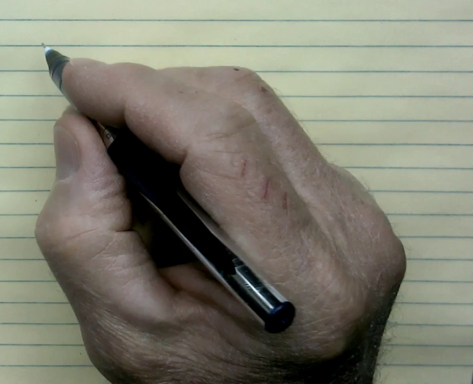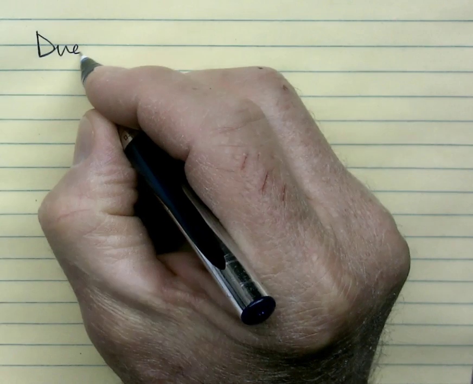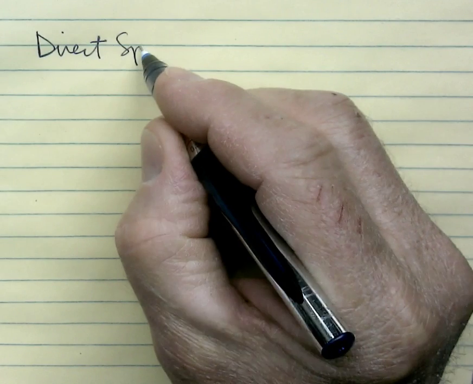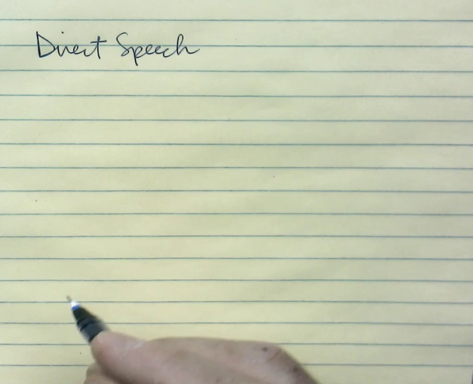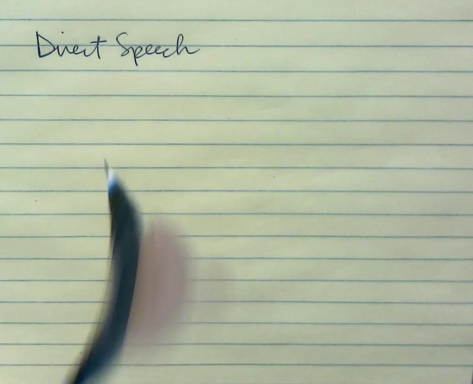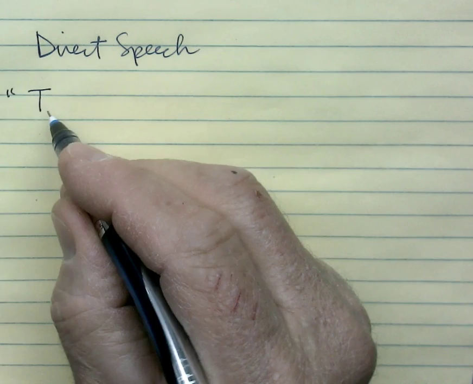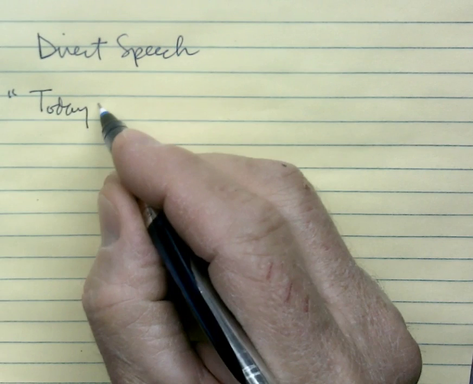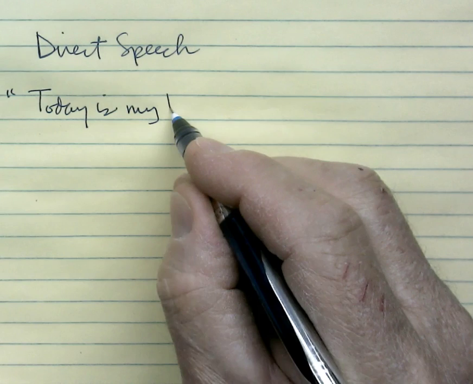We all tell each other so many different things each day. Much of what we say is our own thoughts shared with another, and this is called direct speech. So, for example, today is my birthday.